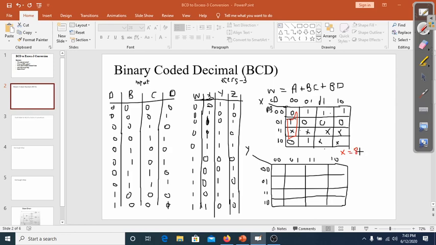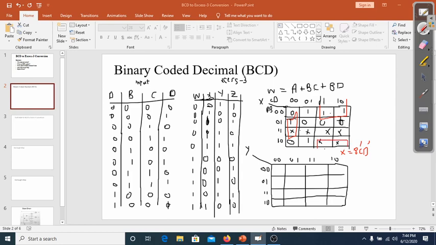So B into C prime into D prime. Next, I can simplify these two boxes, which are adjacent.